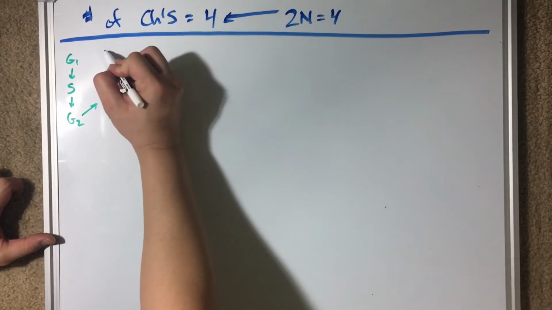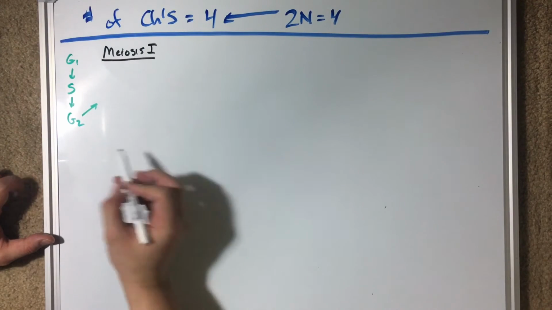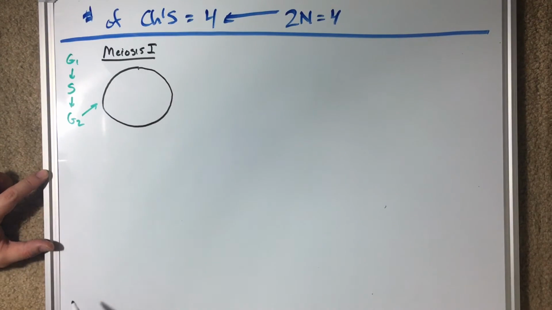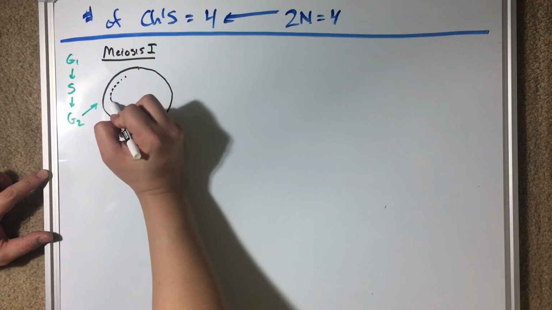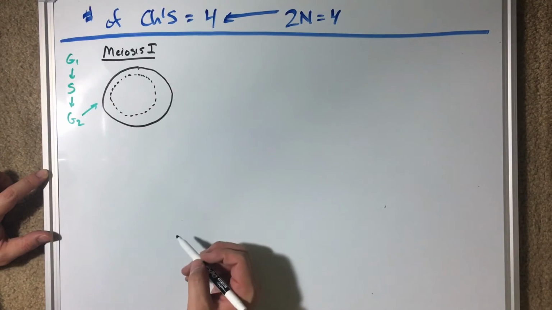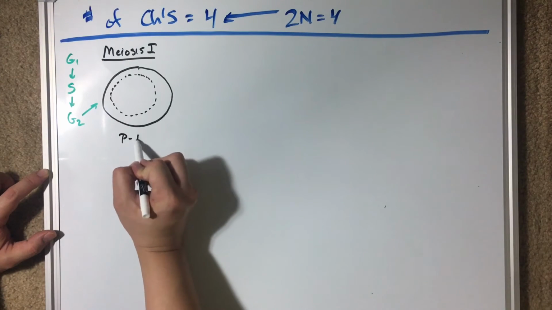We have here meiosis 1. This is the first part of meiosis. Here's our cell. We have this solid circle. And inside of this circle we have a dashed inner circle, which resembles a degrading or breaking down nuclear envelope. This is again prophase 1.